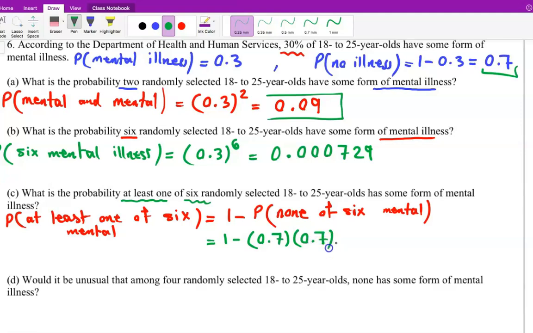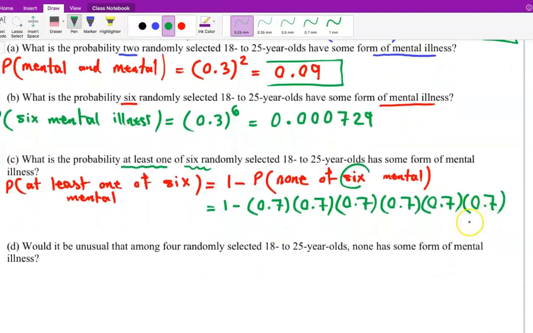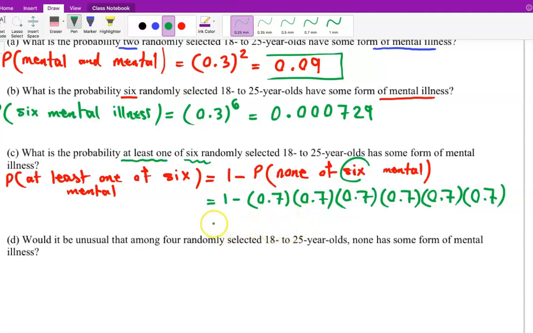Multiply this by itself 6 times, or use power. That is 0.882.